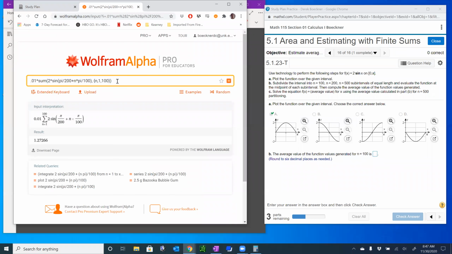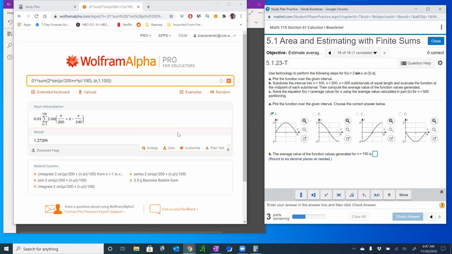And maybe it'll approximate it, 1.27. I've only got 5 decimals, so somehow I need to get more decimals in here. I don't remember how we got more decimals, do you guys?